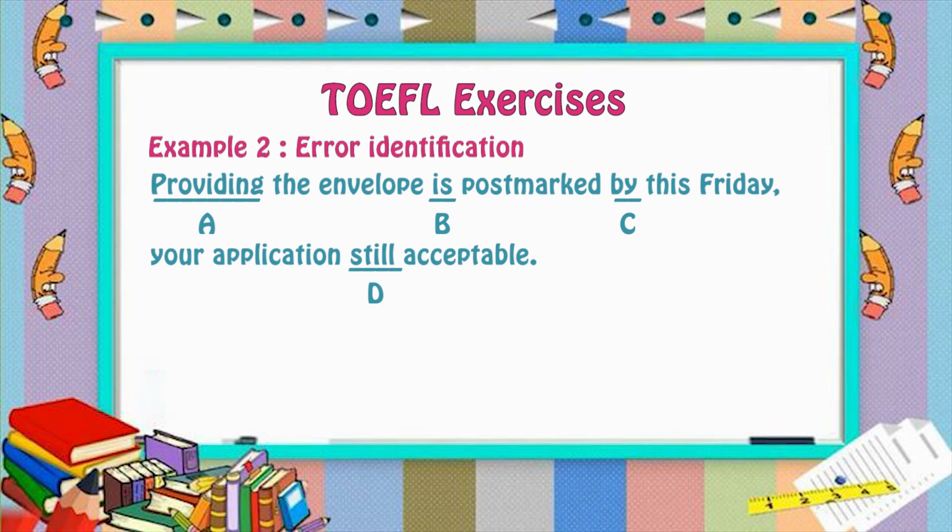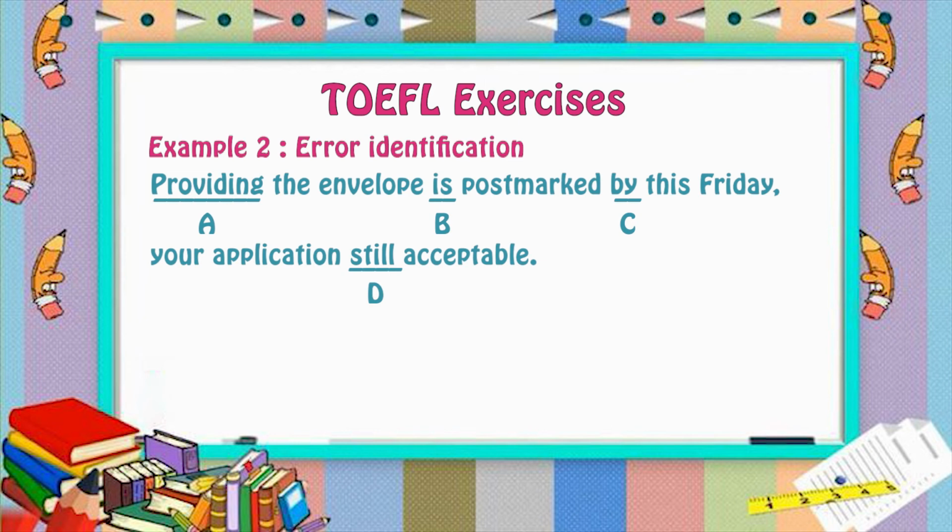Now let's go to the second part of the sentence. Your application still acceptable. Does it have any subject? Yes, your application. Does it have a verb? No, there is no verb. Acceptable is an adjective, so there must be a verb here.